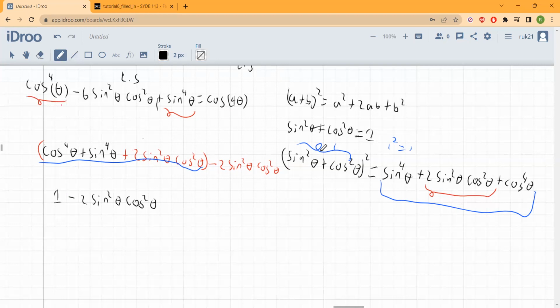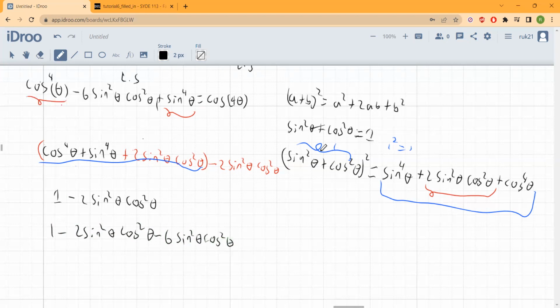So then let's rewrite our equation. Because again, cosine to the power of 4 theta plus sine to the power of 4 theta is replaced with 1 minus 2 sine squared theta cosine squared theta. So let's rewrite what we have. So then we're going to get 1 minus 2 sine squared theta cosine squared theta minus 6 sine squared theta cosine squared theta.